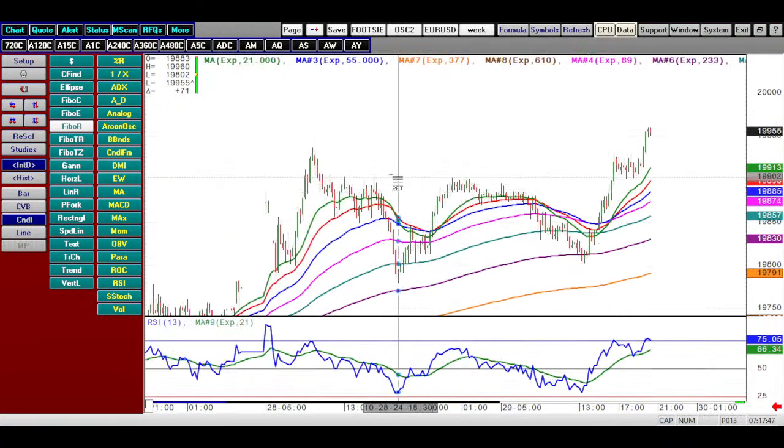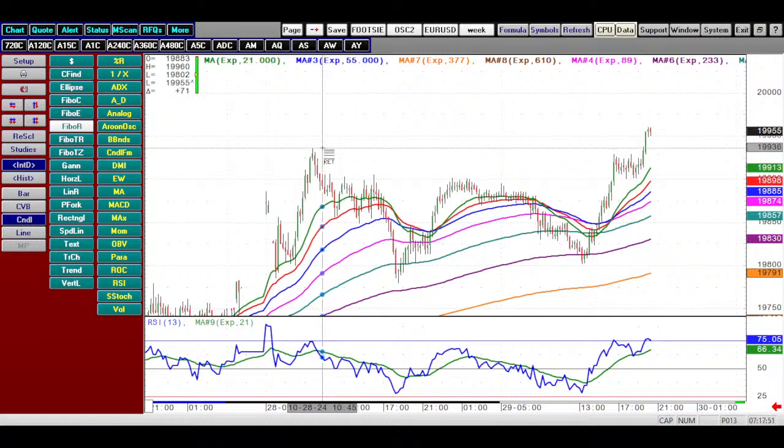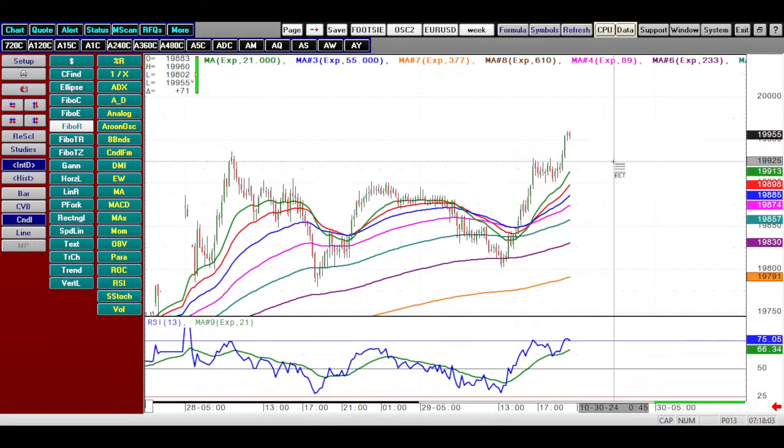Pound yen is also similar, but pound yen would be a better bet because this has already cleared the previous barrier. So the pound yen, I think we are trying to buy at 99.30.